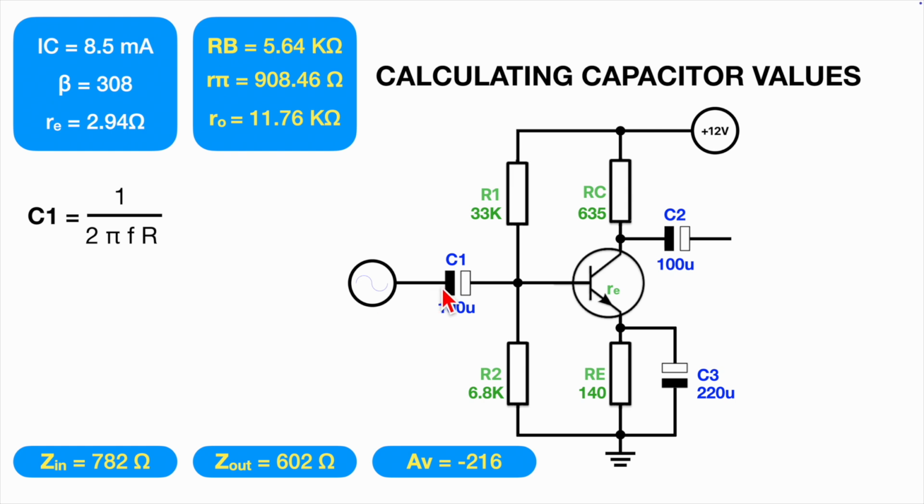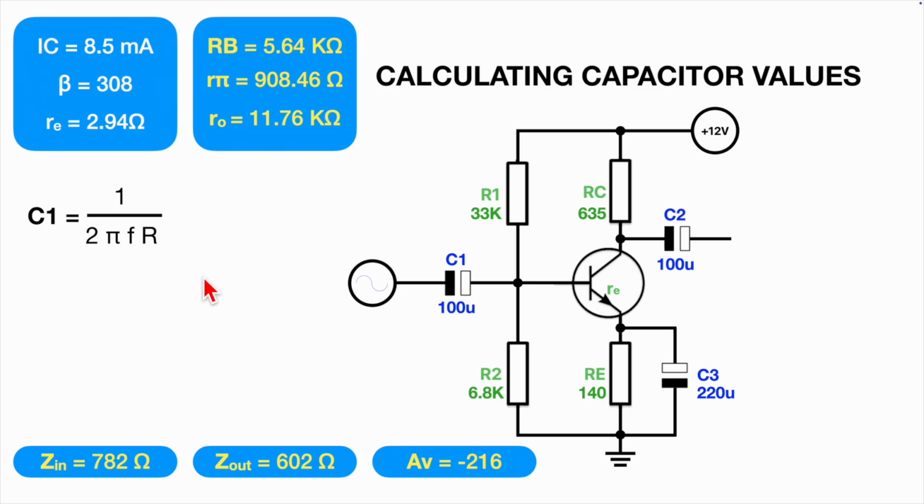Because what's happening is this series capacitor is seeing the input impedance of our amplifier, as it were, a parallel resistor. So basically it's a simple RC filter. It's a high pass filter. That's what we've actually built.